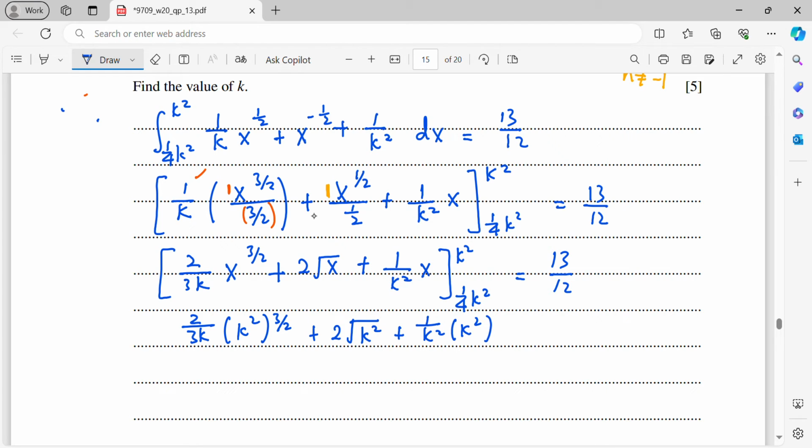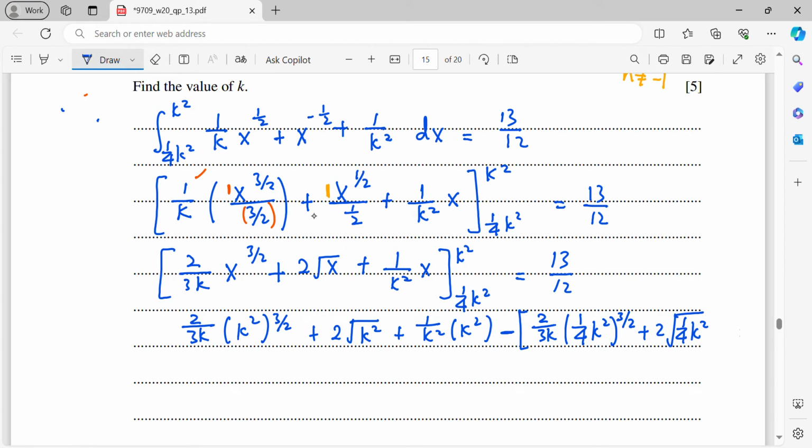These are the three terms when the x is replaced by upper limit k squared, minus when the x is replaced by the lower limit, which is 1 over 4 k squared. So I will get 2 over 3k, 1 over 4 k squared to the power of 3 over 2, then plus 2 square root of 1 over 4 k squared, then 1 over k squared times 1 over 4 k squared. Okay, so I have not enough space.